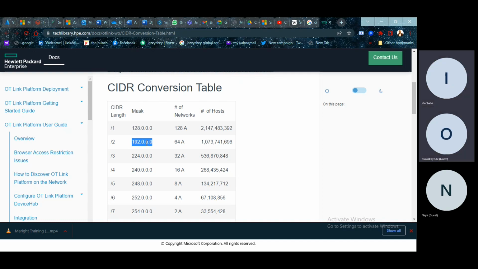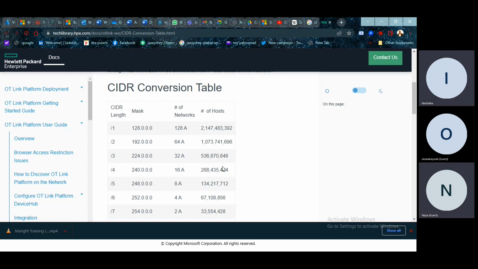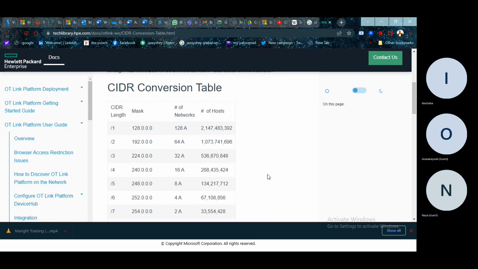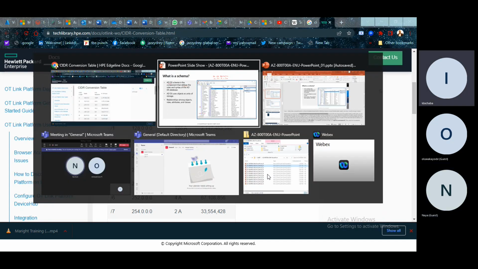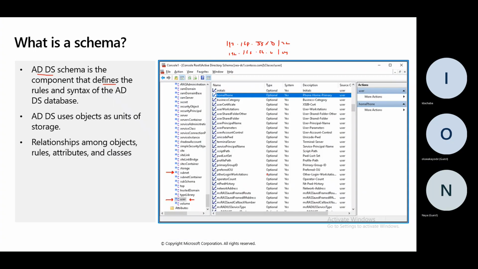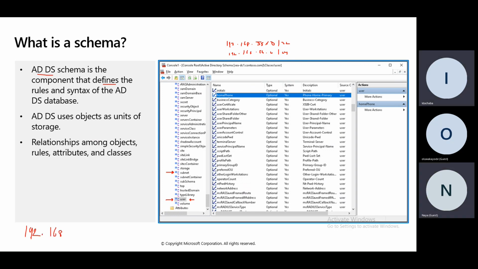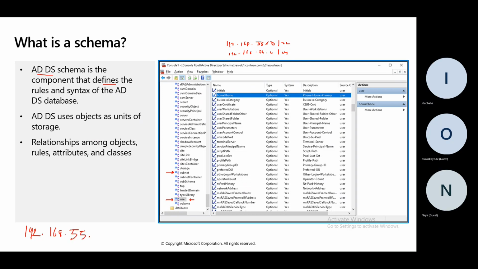Now, 192 dot. Okay, let me. I wish I can write too. Okay, so let me say 192. Hope you can see. Dot 168 dot 55 dot. Let's just say 0.